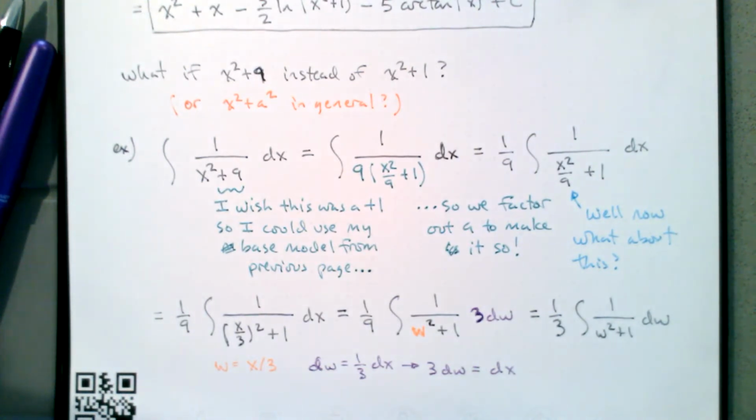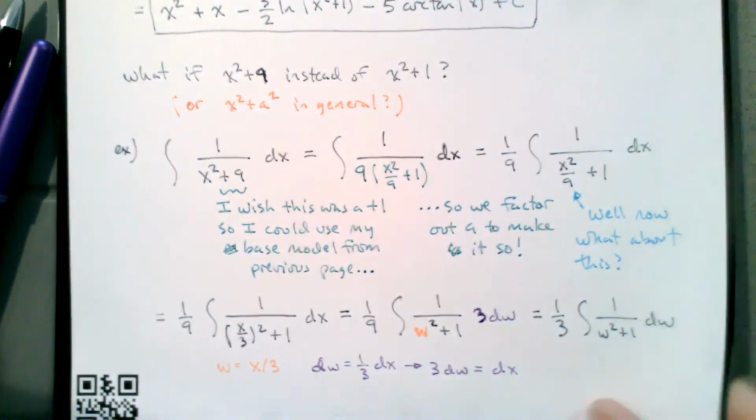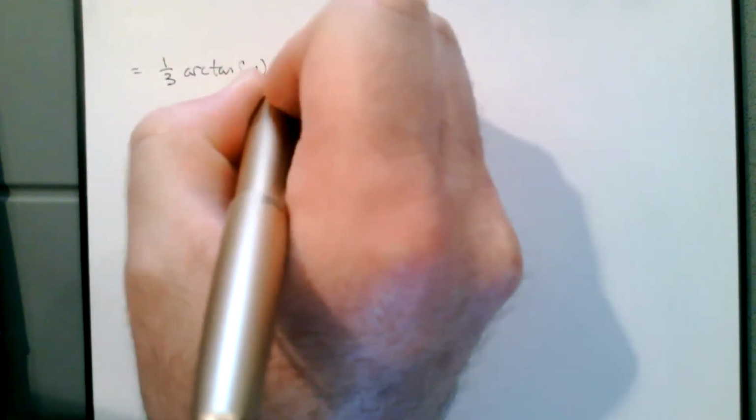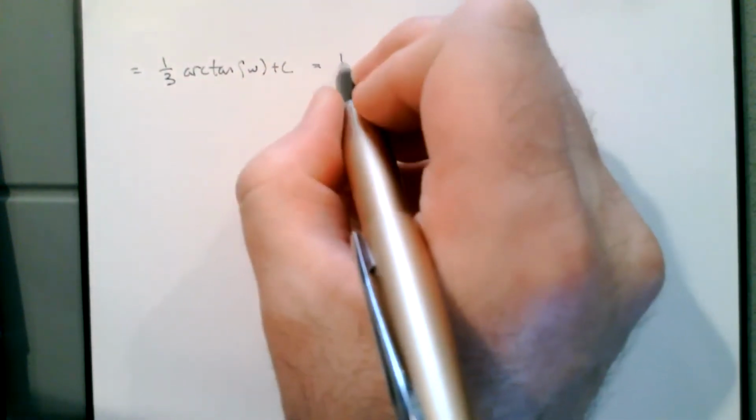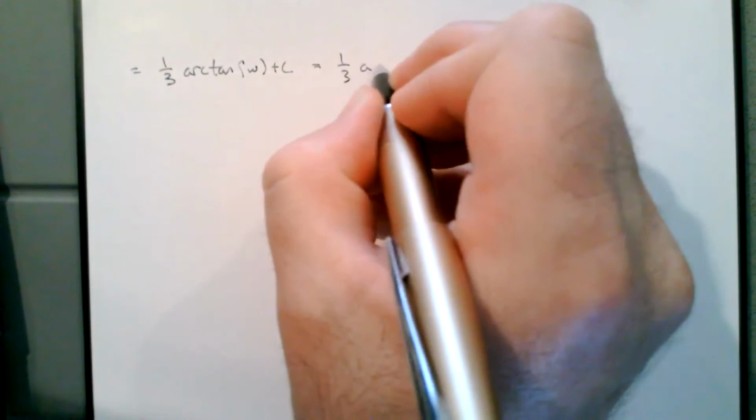The integral of 1 over w squared plus 1 is arctangent of w plus c. I still got this 1/3 out in front. And then I just have to replace my w with x.